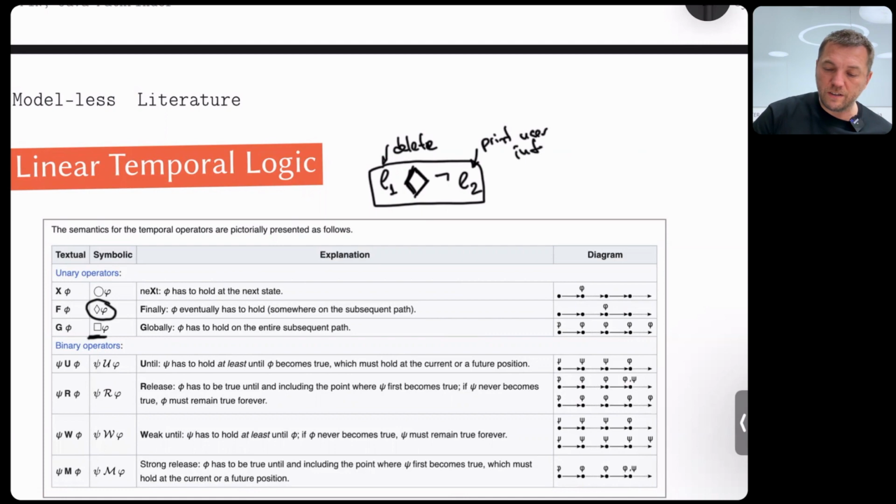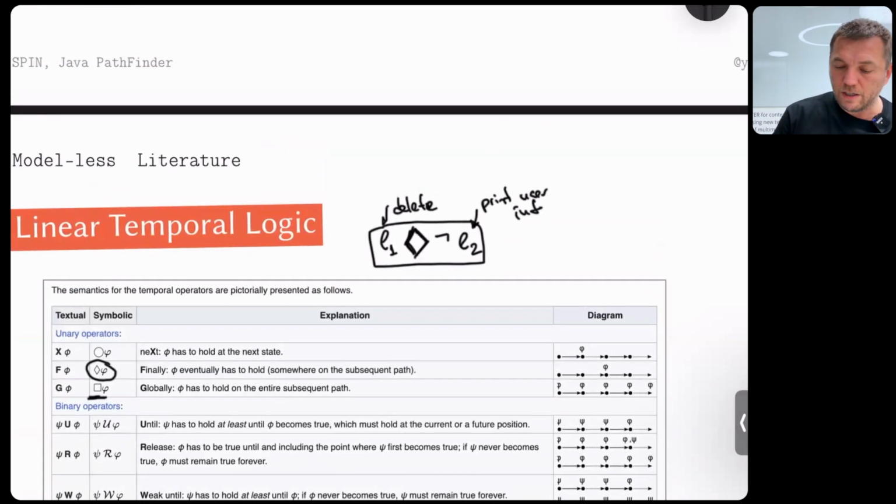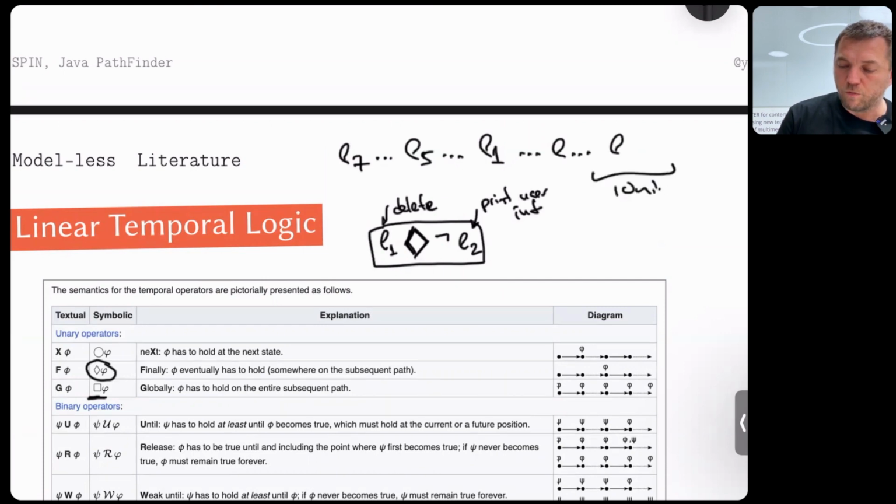So the real flow of events was E7, then E5, then E1, then many more events, then like 10 minutes of work, and then suddenly E2.